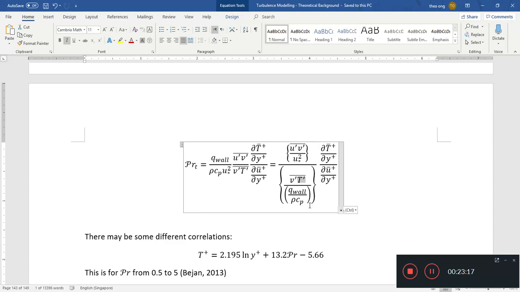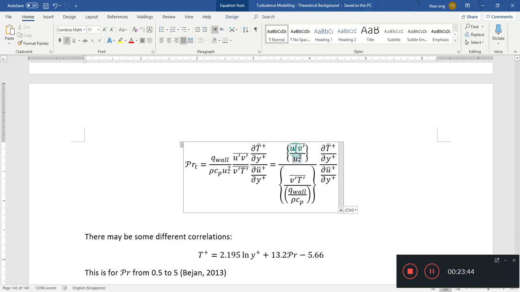But the way we can think about the relationship between this quantity and this quantity still remains, even though they are non-dimensionalized to an extent, because if your Prandtl number is very low, your heat fluctuations will still be smaller as compared to this.